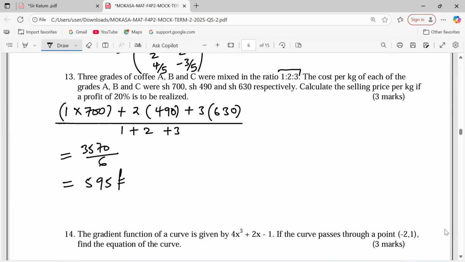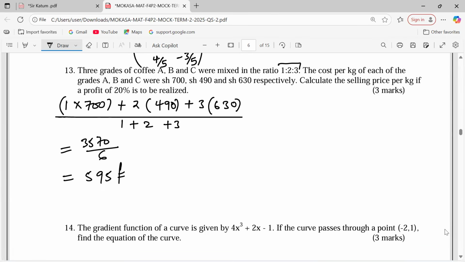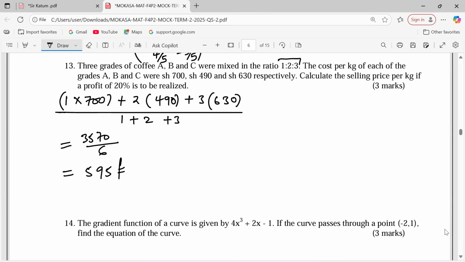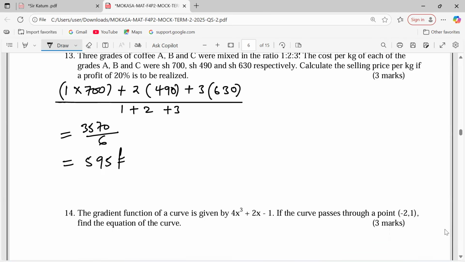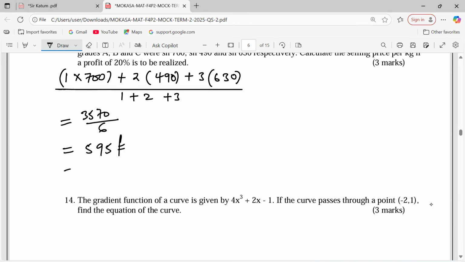Now we ask ourselves, if this is the cost of a kilogram, then this particular shopkeeper is intending to make a profit of 20%. Then how much are they going to sell it? 120% of what we are just getting here. So we multiply by 120 over 100, and this will give us 714 Kenya shillings.